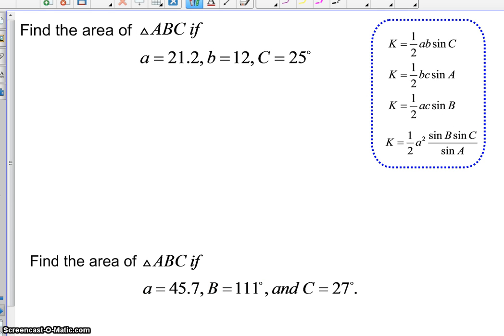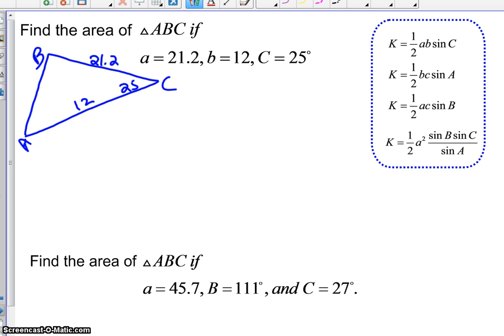So when I'm looking here, we're given an A, we're given a B, and we're given a C. For the most part, we could draw this triangle. Here's A, here's B, here's C. A would be 21.2, B is 12, and actually I drew my triangle incorrectly, but that's okay. C is 25 degrees.